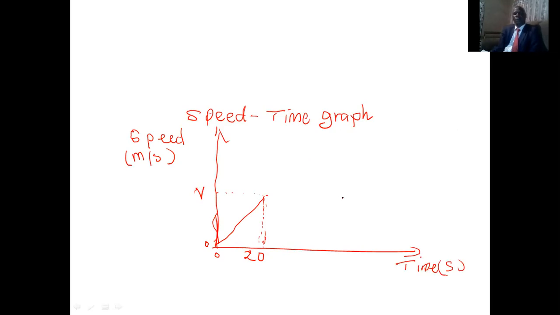So we have to calculate this final velocity, since we are given that the acceleration is 5 meters per square seconds. We know that acceleration is equal to final velocity minus initial velocity over time.